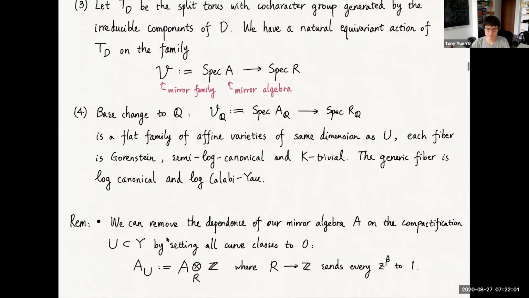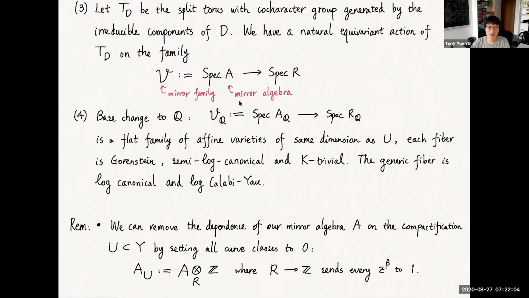First, essentially the mirror algebra or this mirror family depends only on the log Calabi-Yau variety because we are interested in the mirror of the log Calabi-Yau. But in the formulation, we have some compactification Y, and we can remove the dependence of our mirror algebra on the compactification Y of U by setting all curve classes to 0, which means we can take A_U to be A tensor with Z over R, where the map R to Z sends every basis vector z^beta to 1.